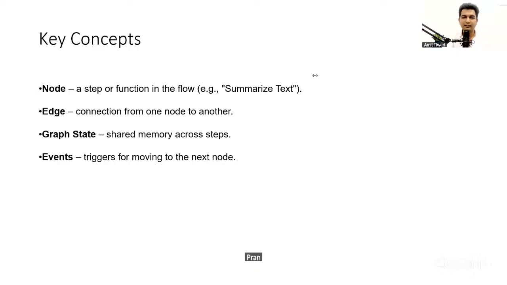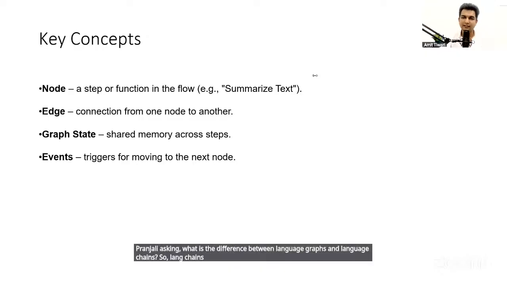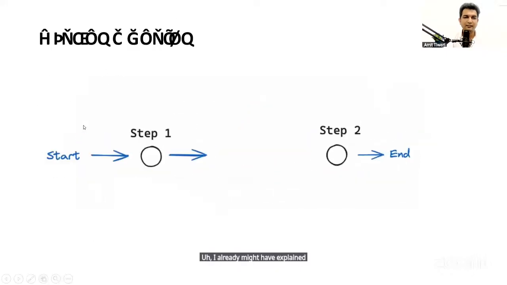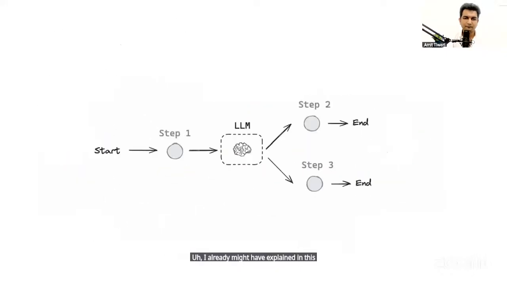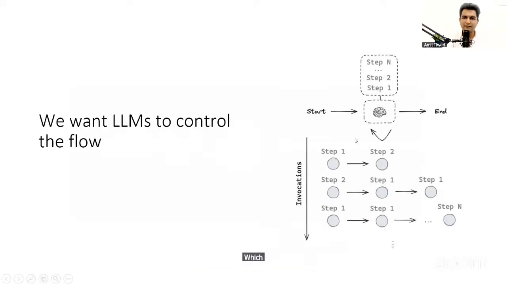Pranjali is asking, what is the difference between LangGraphs and LangChains? LangChain is a chain architecture. One way of designing our agents is to have a stepwise flow with step 1, step 2, step 3, and so on, which are invocation steps.